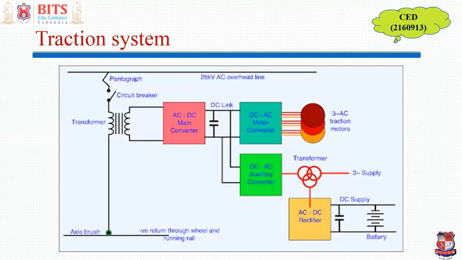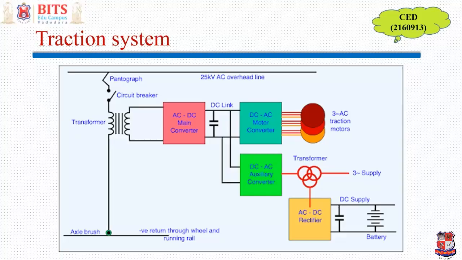In Bombay, we have a 1500 volt DC overhead supply system, while in metro, basically you have a further lower voltage DC, because the clearance required for the tunnel is the main cost, right? So there are different variations of supply system available.